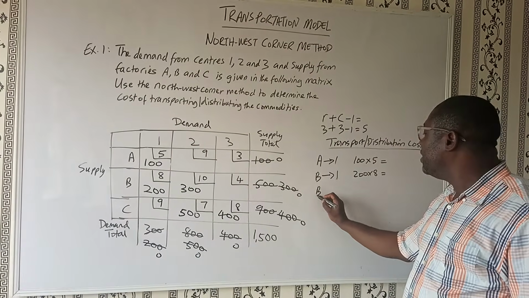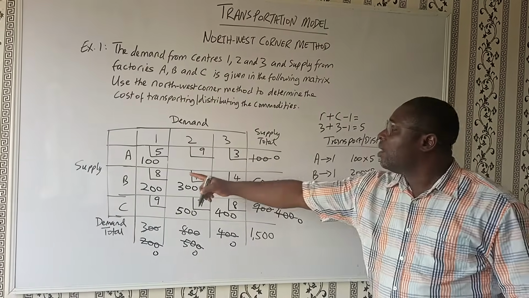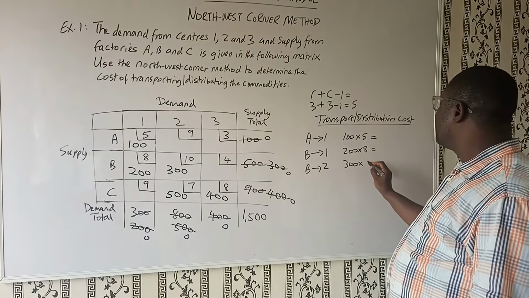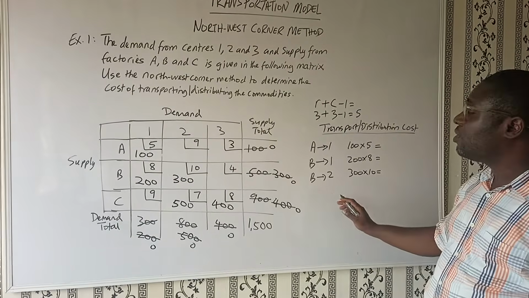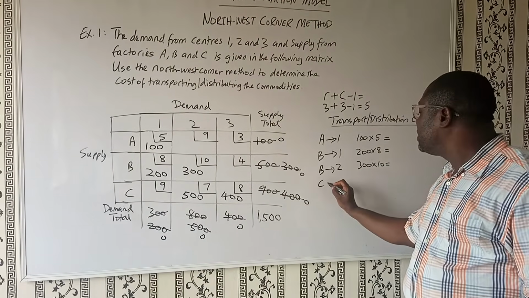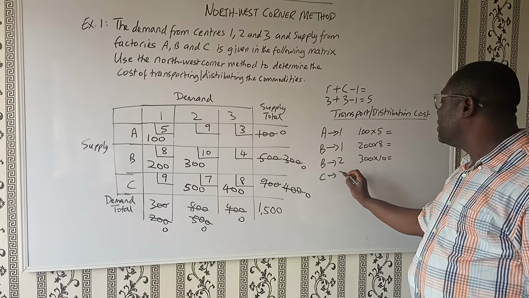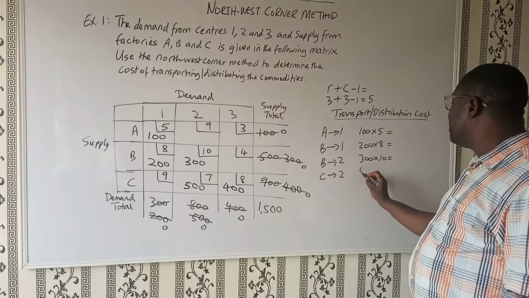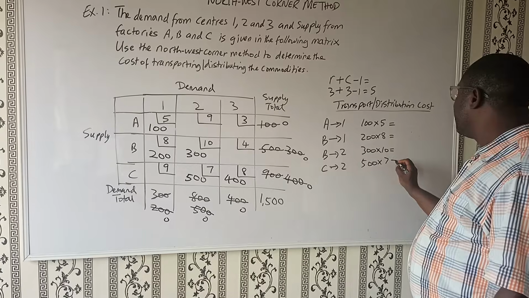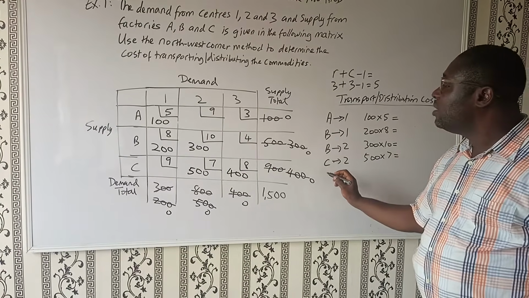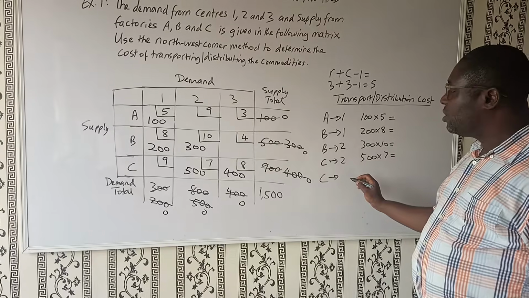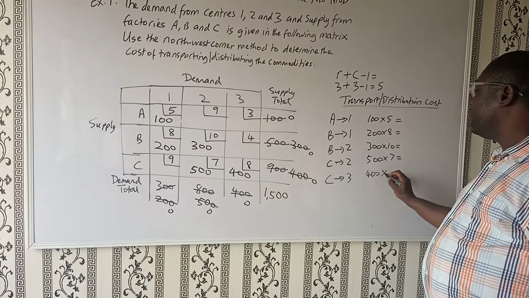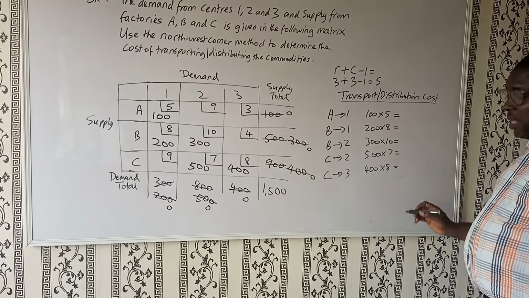From factory B again to center 2, as you can see, B to 2, we have 300 times 10. That gives us something else. Then we have from factory C to center 2, 500 times 7. Then from factory C again to center 3, we have 400 times 8.